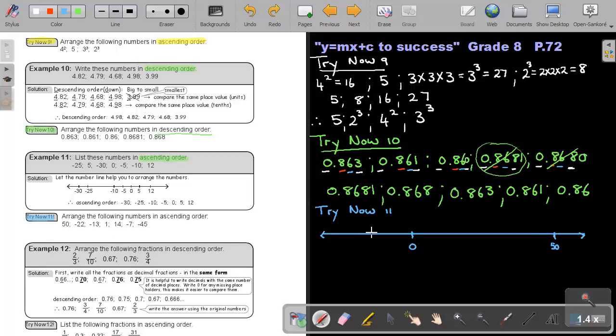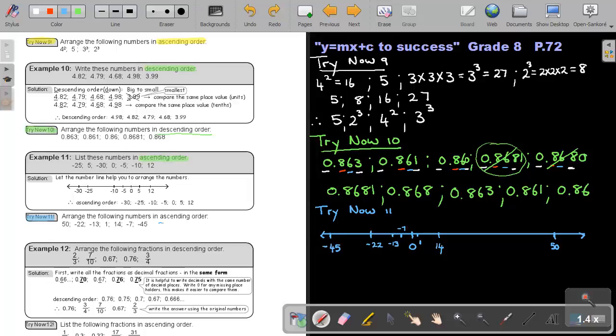Minus 22. Minus 13. 1. 14. Negative 7. I'm just going to put it on top. Negative 7 and negative 45.